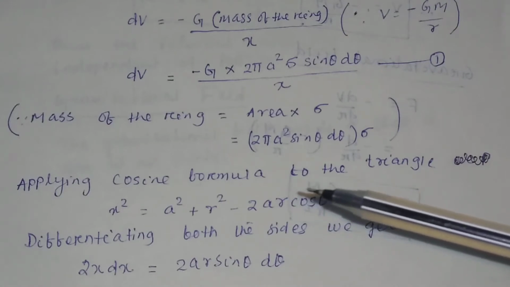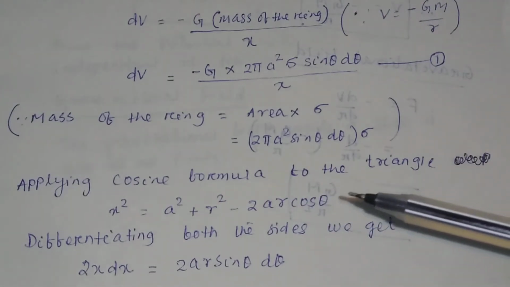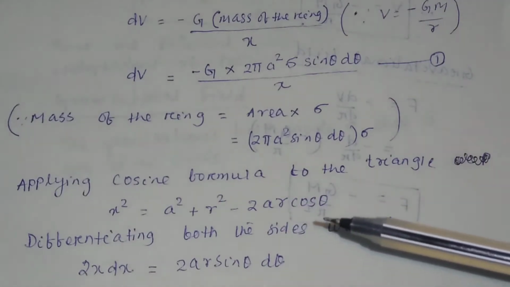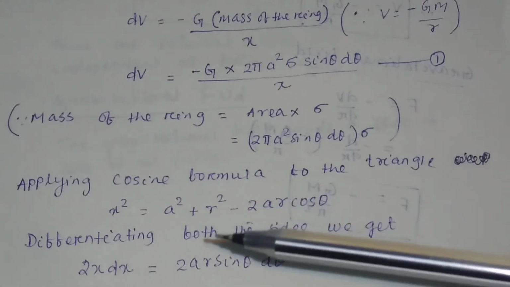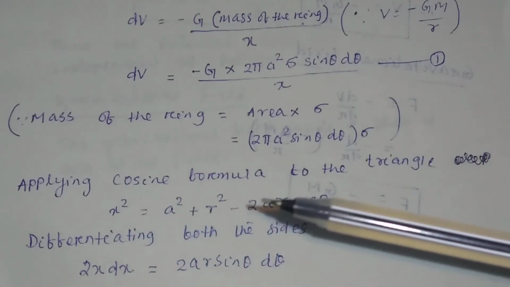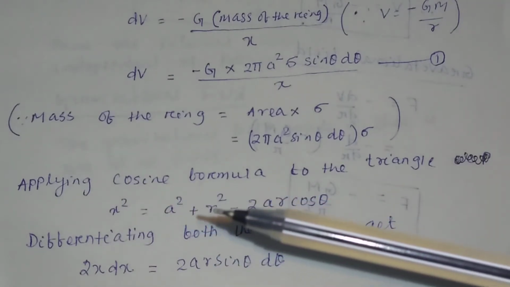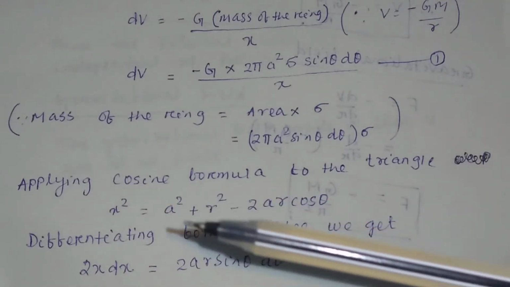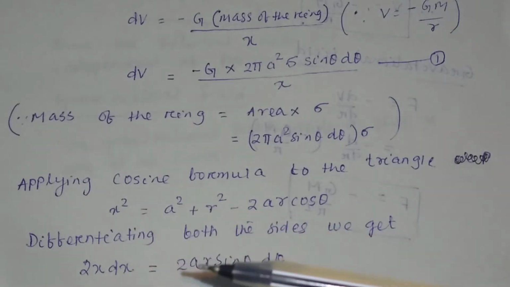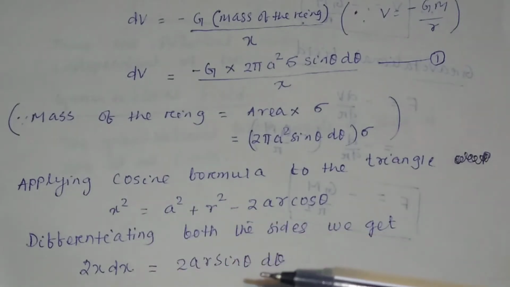So after applying the cosine formula to the triangle, you differentiate both sides of this equation, and you will get this equation, because a and r are constant quantities. So 2x dx will be equal to 2ar sin theta d theta.